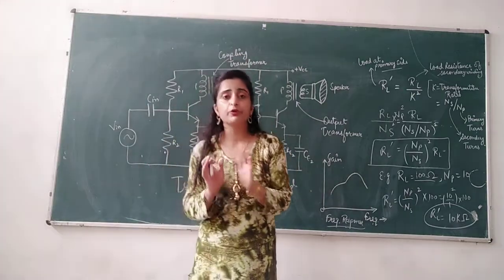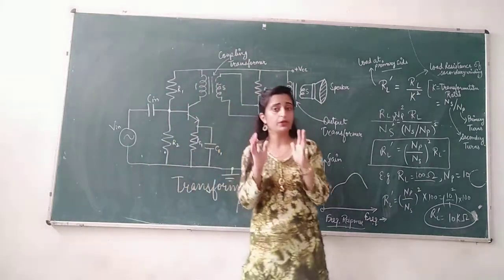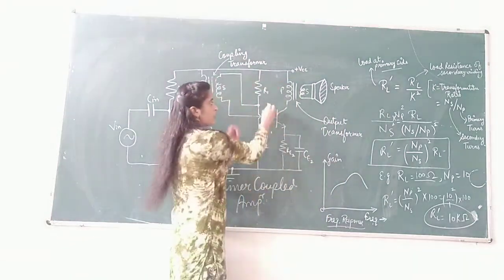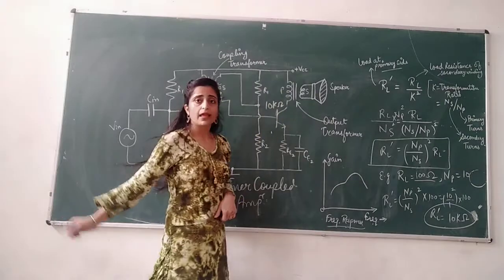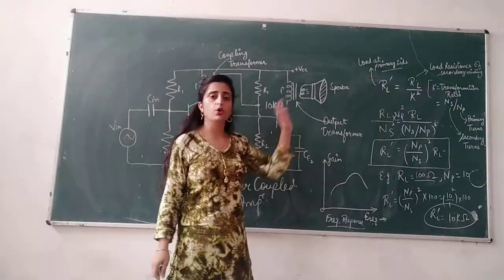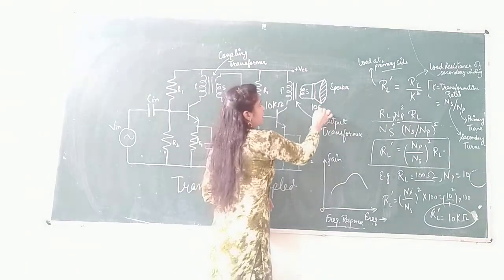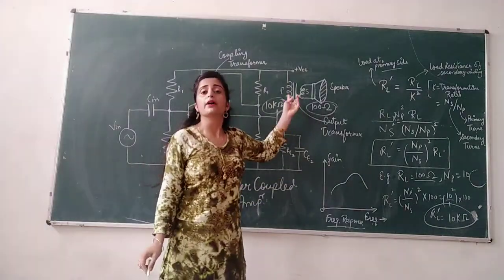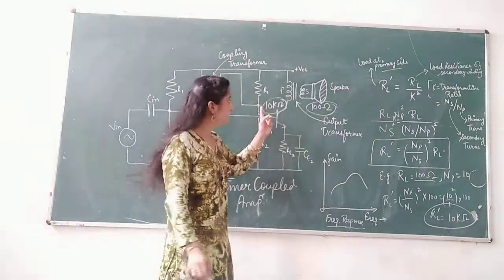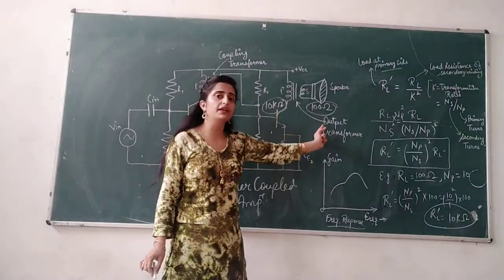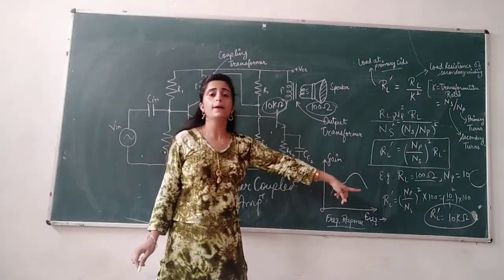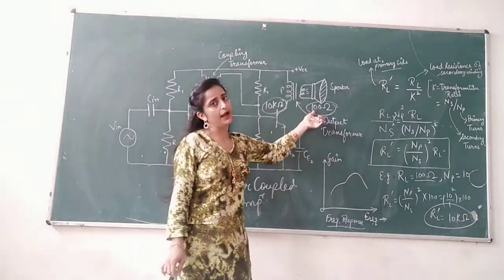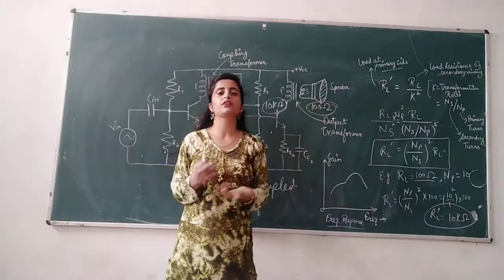That means if we use a transformer in between a circuit having an output impedance of 10 kilo ohm and a load side impedance of 100 ohms, then this transformer will be able to match these two impedances appropriately by using the appropriate number of primary and secondary windings, or we can say the transformation ratio.